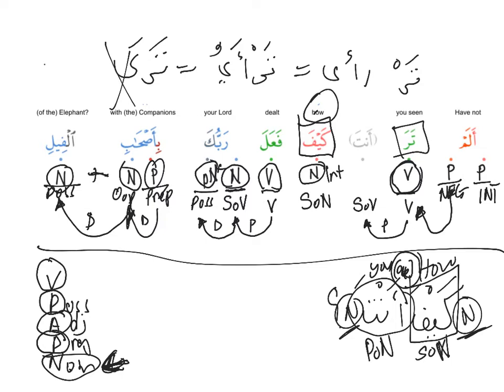Let's say fa'ala rabbuka is the verbal structure, right? So the verbal structure is in the position where it becomes the predicate of the nominal. Therefore you have a subject of the nominal, which is kaifa, and the predicate of the nominal, which is fa'ala rabbuka. Therefore the subject of the nominal pushes the predicate of the nominal.